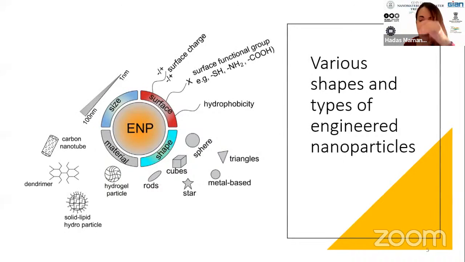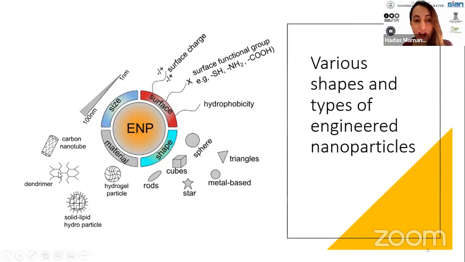Also, Dr. Ram spoke about this in the morning about the issue of the surface coating. And this depends on the nature of the coating used. Another issue is the particle composition and the crystalline structure. So for example, rutile titanium dioxide induces toxicity, while anatase titanium dioxide nanoparticles did not show this type of toxicity. So the crystalline structure of the nanoparticle is very important in understanding its toxicity.